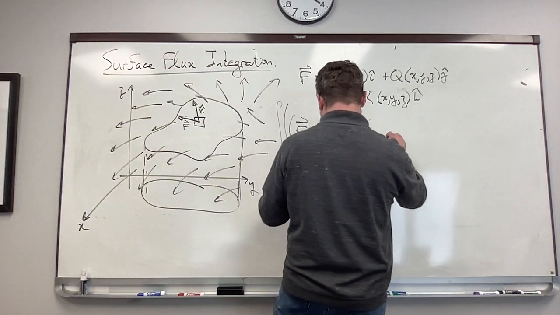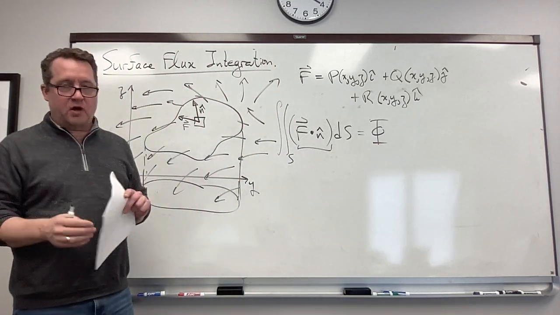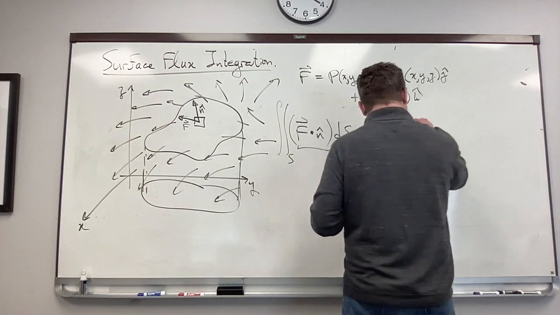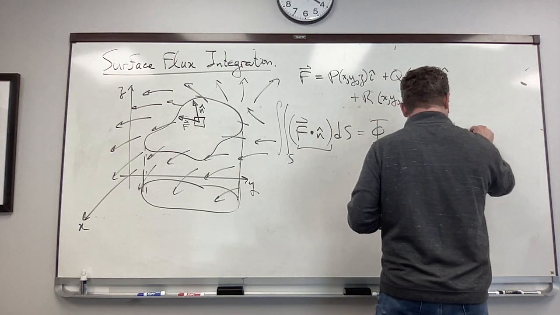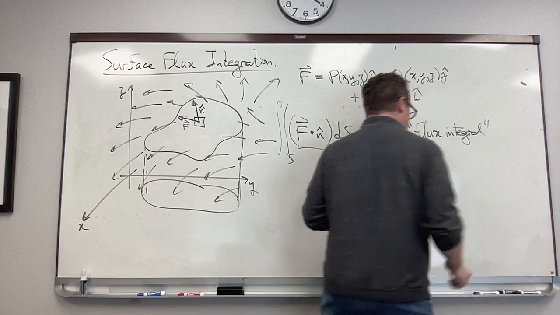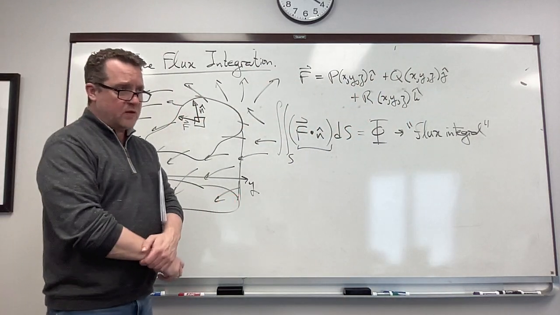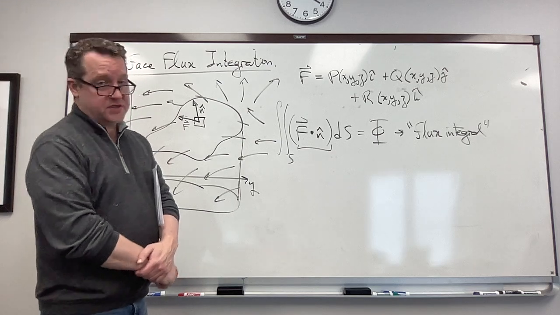And this has got a special name. This is called flux. We often use the symbol, we don't always, but we often use the symbol capital Phi. But this is a flux integral. Flux integrals came up last year when you were doing first year physics in the context of electromagnetics and Gauss's law.